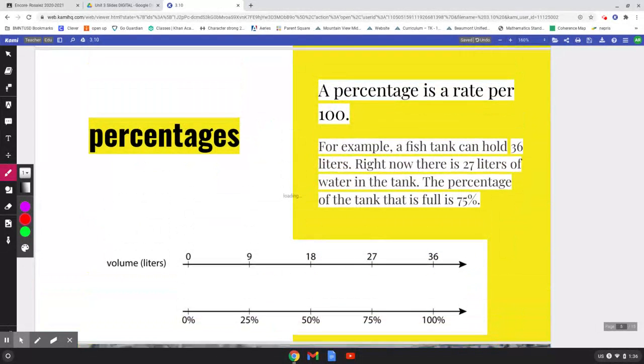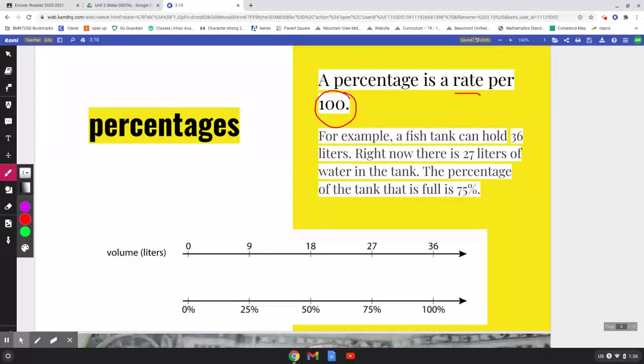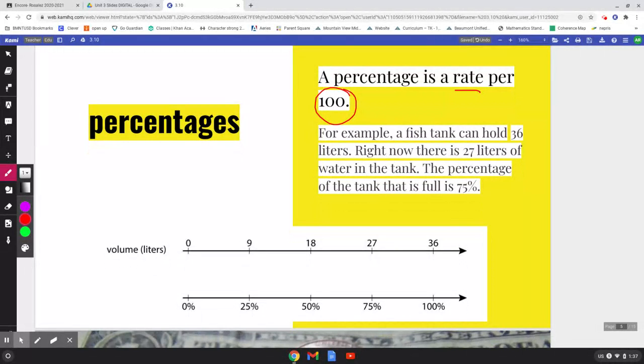Now, a percentage is the rate. So it's the rate per 100. So they give you an example. It says a fish tank can hold 36 liters. Right now, there are 27 liters of water in the tank. The percentage of the tank that is full is 75%.